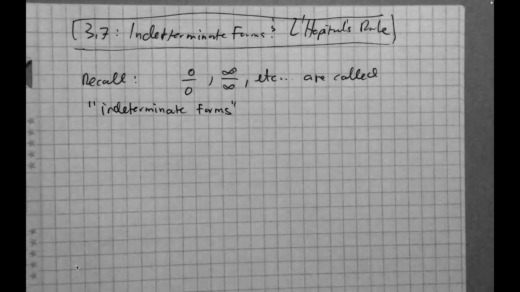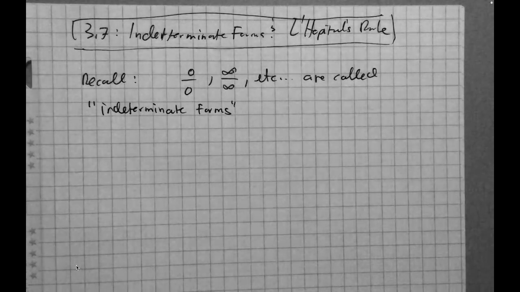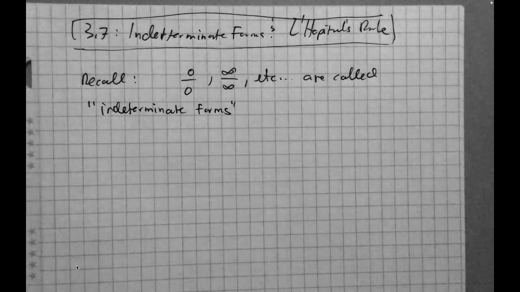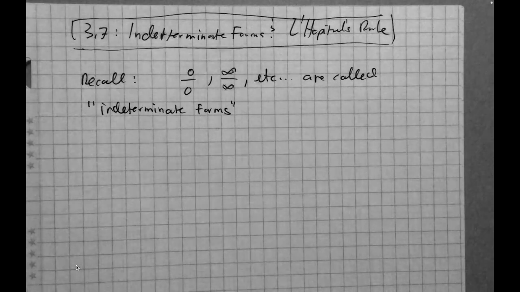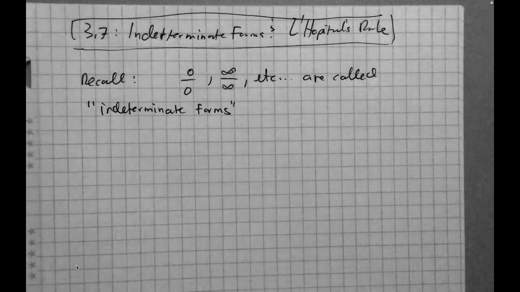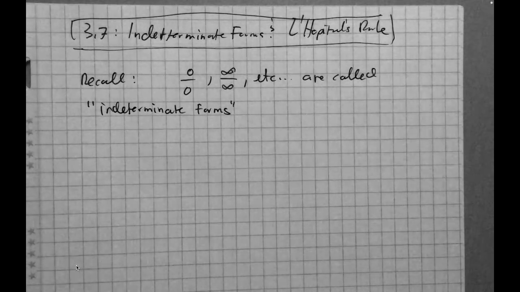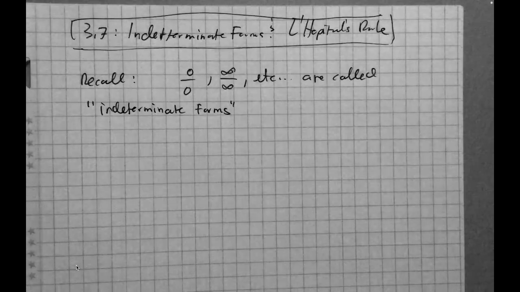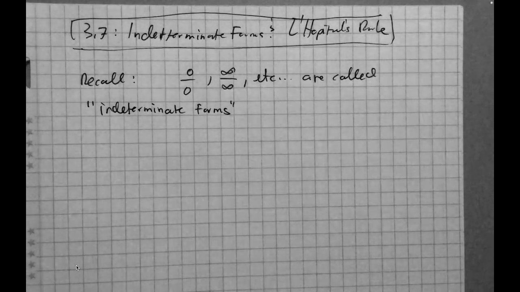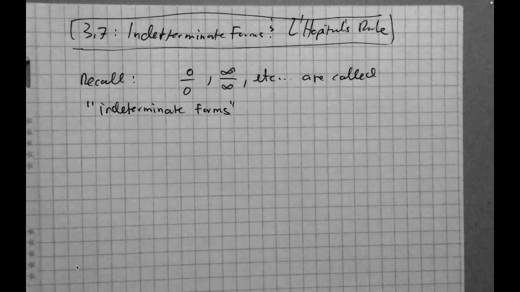So this is all in regards to taking a limit. So whenever you're evaluating a limit and you get a 0 over 0 or infinity over infinity or other such things, we call them indeterminate forms because they do not guarantee that a limit exists, first of all, and if a limit does exist, they don't indicate what the limit is.